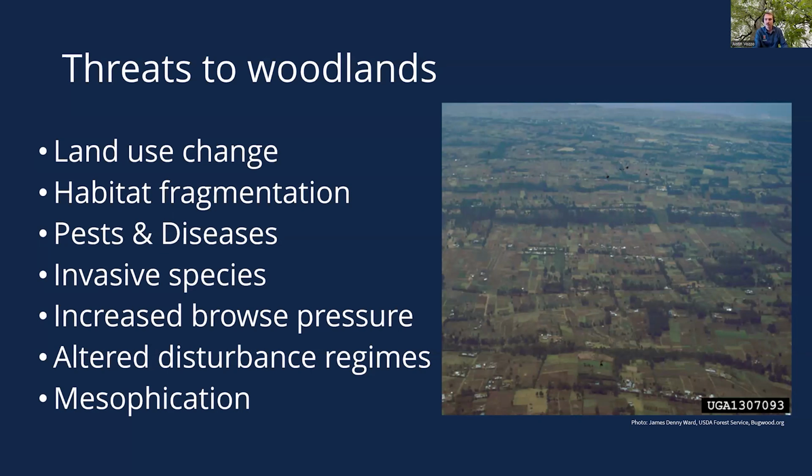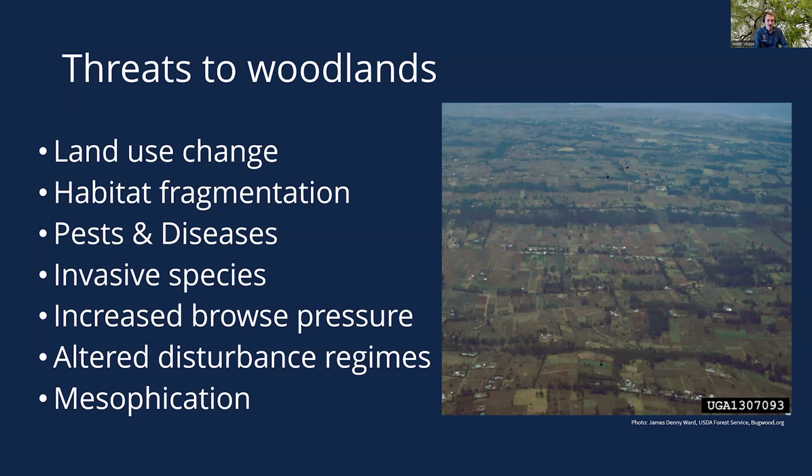We have new developments which are moving into these previously forested areas, and even if they maintain a lot of the forest canopy, they can still put in roadways and other features that might increase fragmentation. We definitely have pests and diseases, things like emerald ash borer is still really prevalent across the landscape, and we need to think about how to address that.